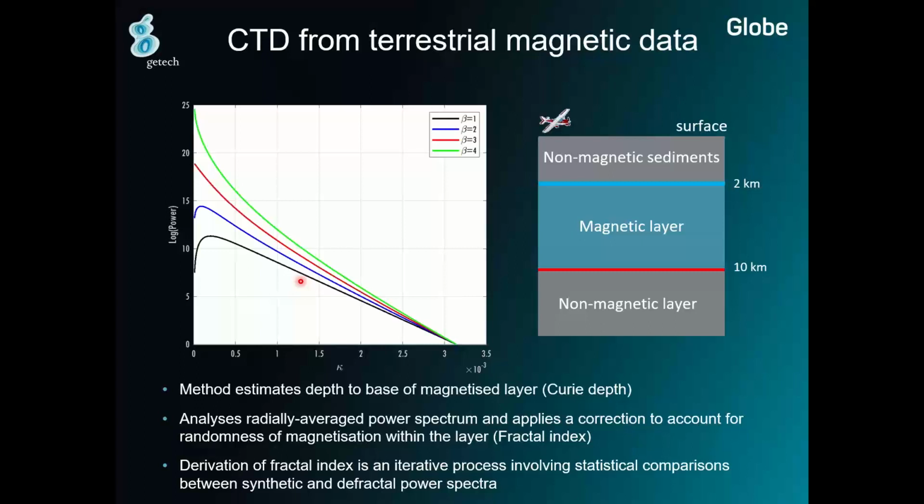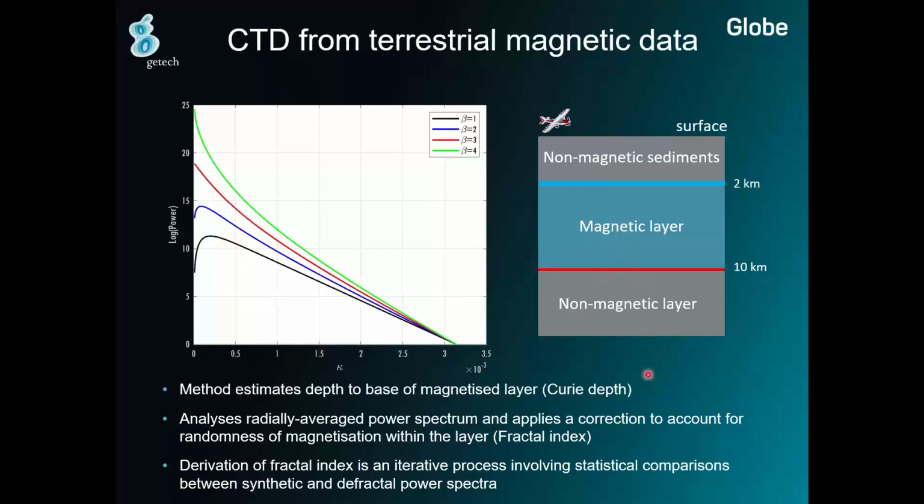This is a method commonly used in geophysical analysis of interpreting magnetic data to estimate depth to basement. Now, if the magnetization continued forever, then this line would continue straight up to the axis here, where it gets to infinite wavelength.